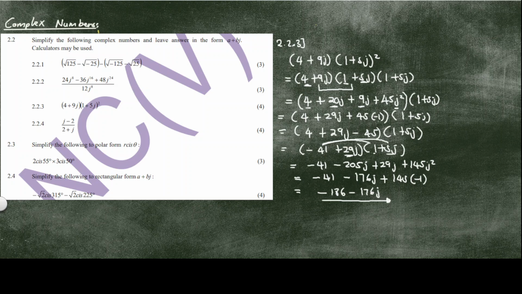Okay. Let's just double check it quickly. 9i, close bracket, 1 plus 5i, shift i, close bracket, then square the bracket. Yes, it is the same. It is the same answer.